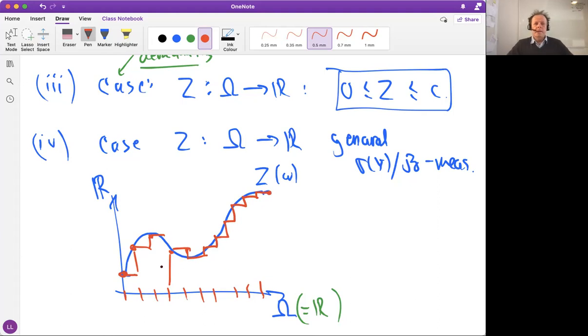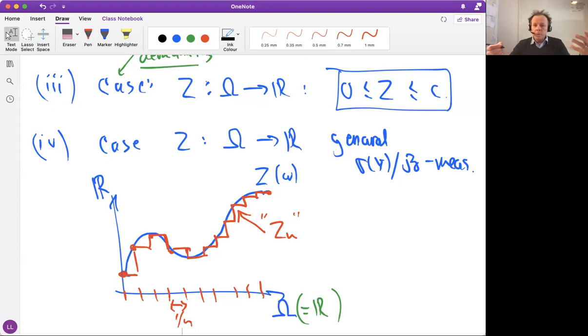So then this would be an approximation of Z. Let's call it Z n, for example, if we have 1 over n here as interpolation.